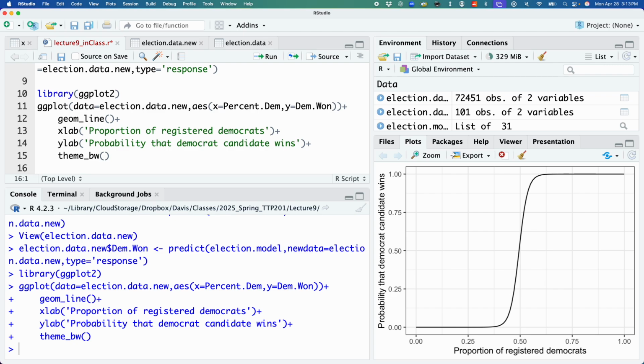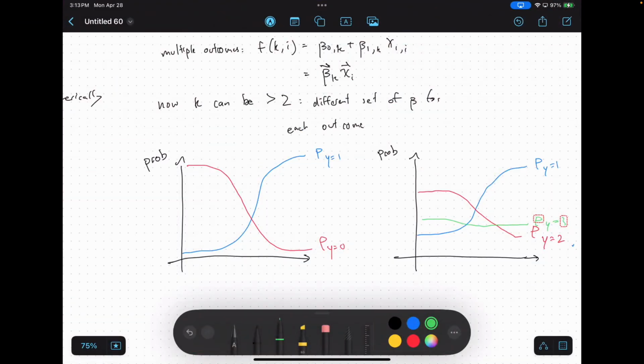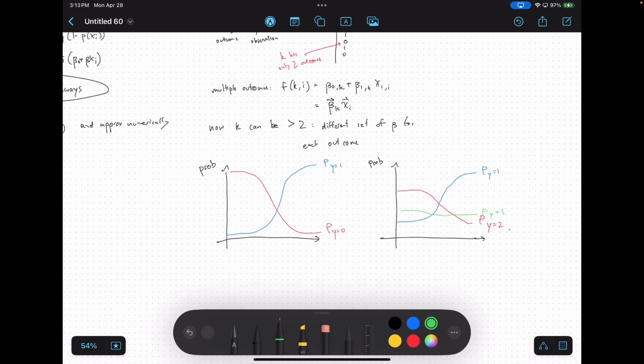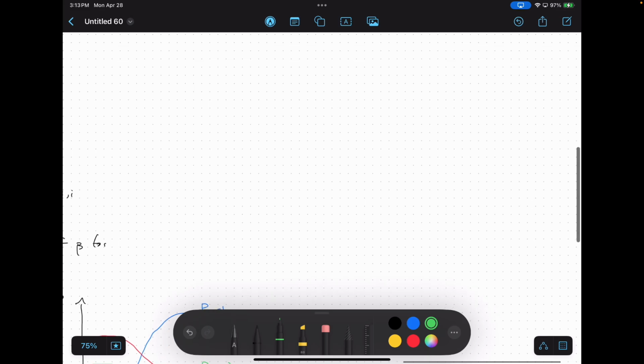Okay, let me do it over here. You can predict correctly.